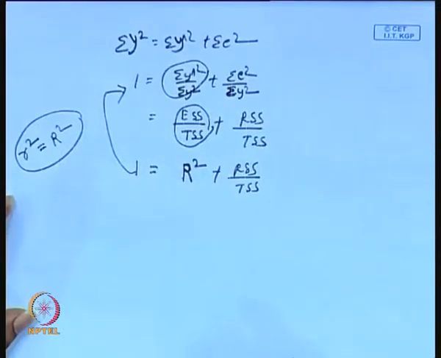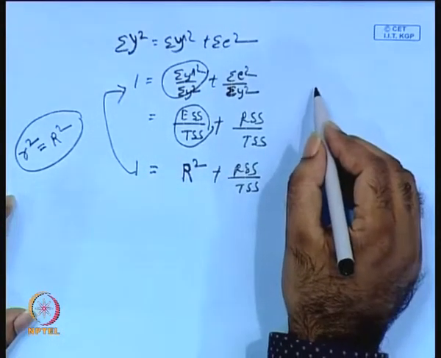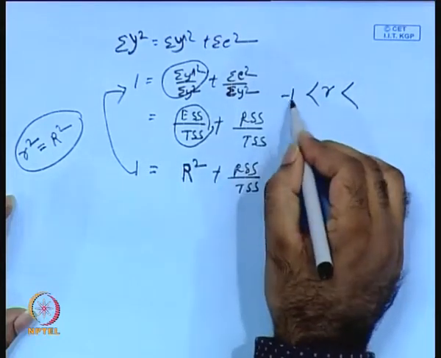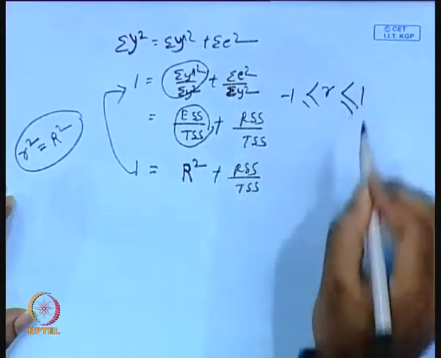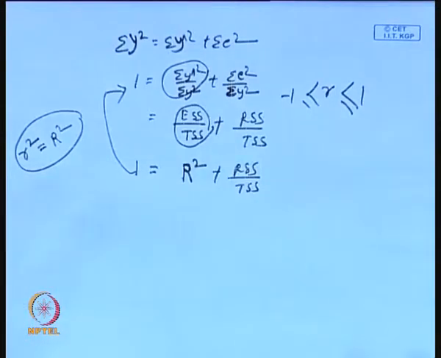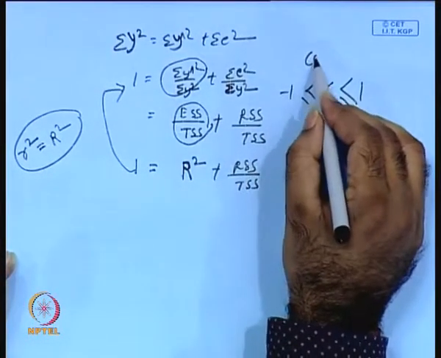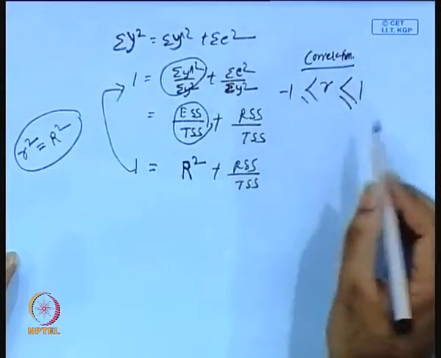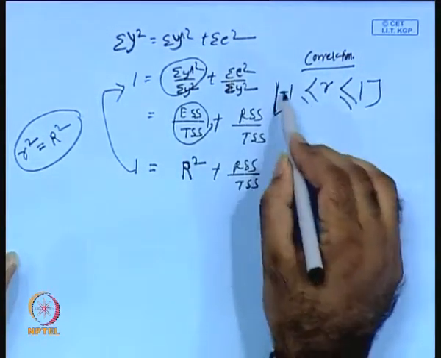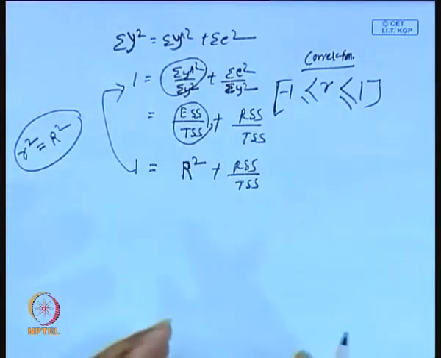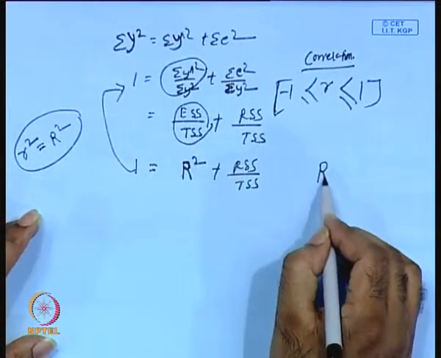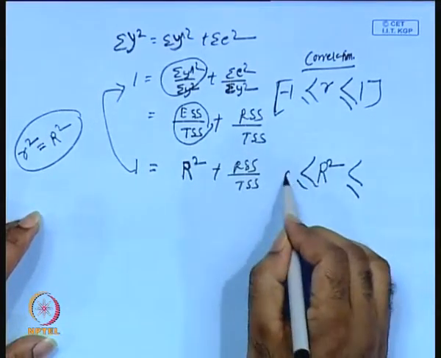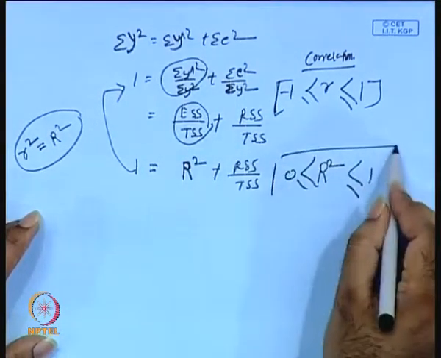We know the correlation coefficient is usually between -1 and 1. This is how the correlation coefficient ranges. Now, like the correlation coefficient range, r square is always between 0 and 1. This is the range of the coefficient of determination.